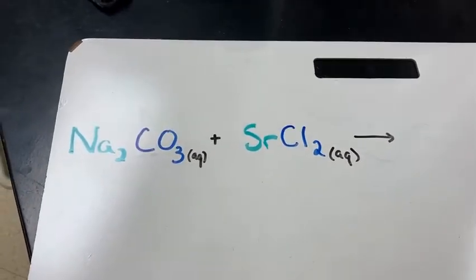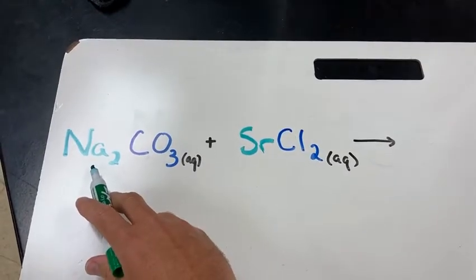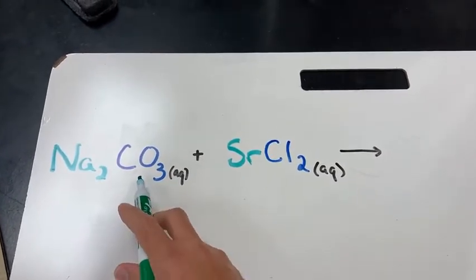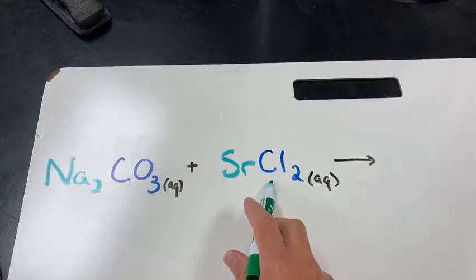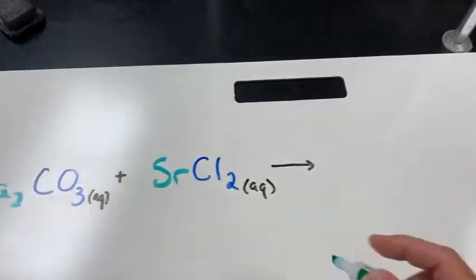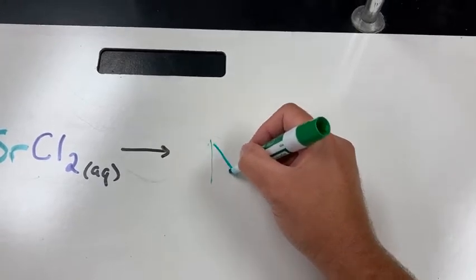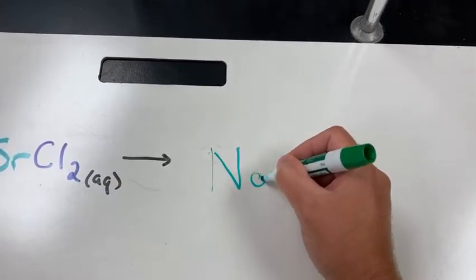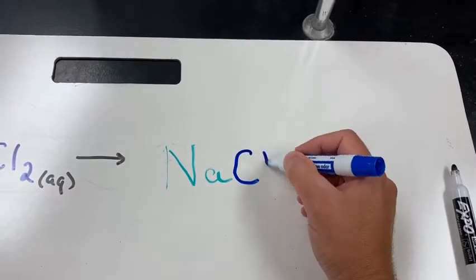So on the other side, I'm going to do just the symbols first. I'm going to bring the sodium symbol, and that will now not be bonded to carbonate. It'll now bond to the chlorine anion. Again, I'm not bringing the 2, I'm just going to bring over the symbols. So I've got Na, that is now going to be bonded to the Cl.